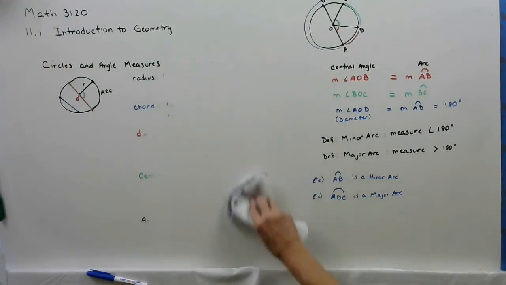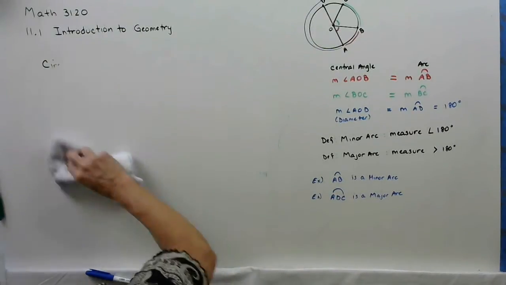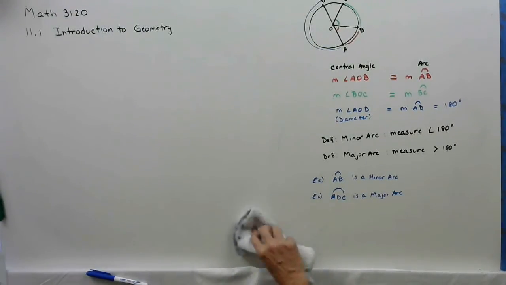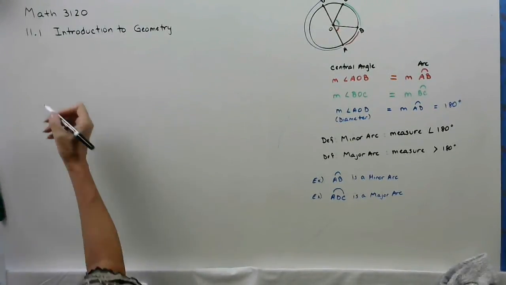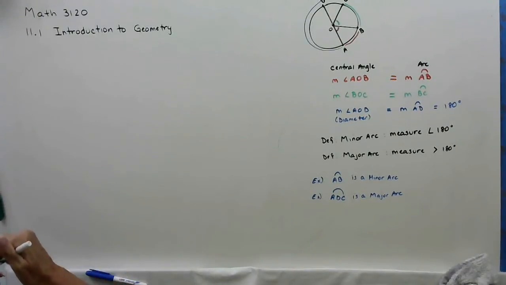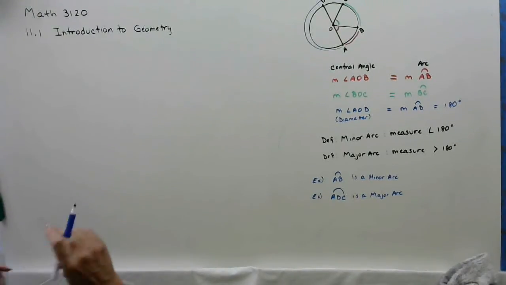So let me give you an example of playing with some of these angle and arc measurements, and then we'll wrap it up. All right, so here's a couple of examples. I've been doing those in blue, so let's keep it consistent.